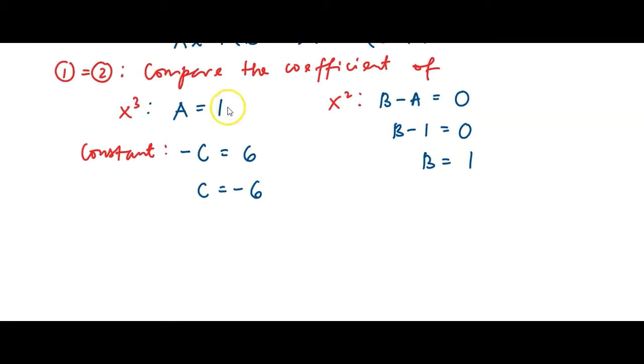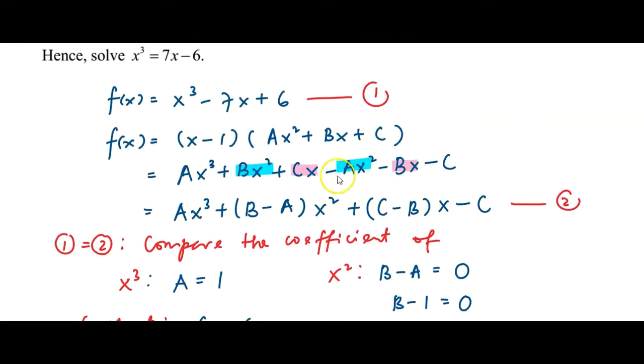Once you have the values of a, b, and c, you can substitute them into the assumption that you made just now. That is, f(x) equals x minus 1 multiplied by ax squared plus bx plus c.